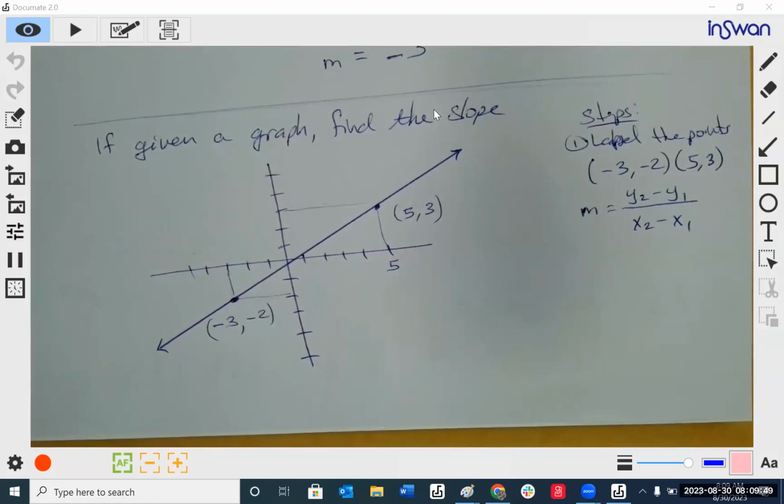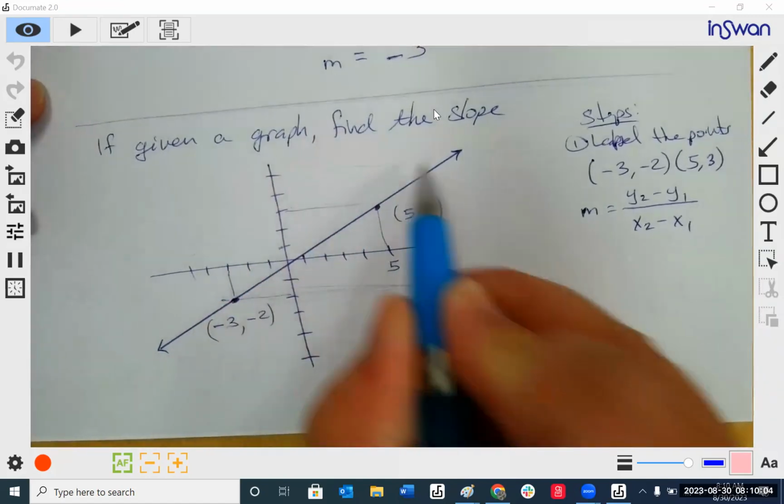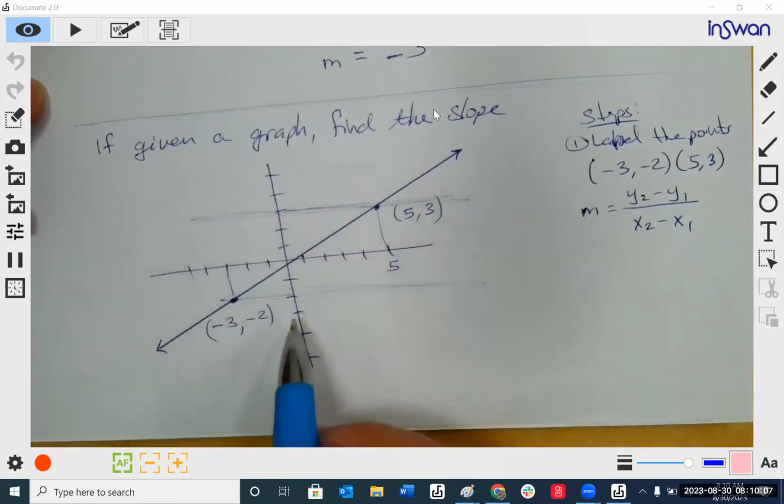What's another way? Count. Exactly. Because what is slope? Slope is rise over run, right? So how far does it go from this point to this point?